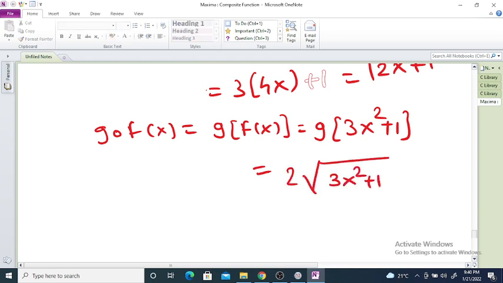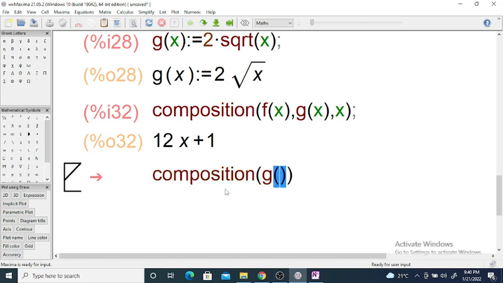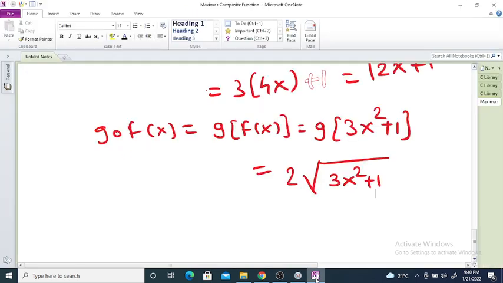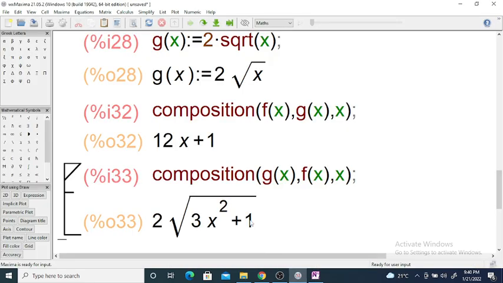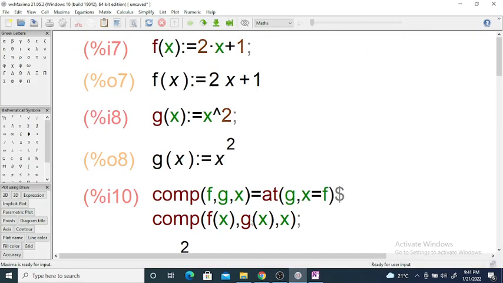So if we enter here composition, say g of x, f of x, in the variable x, then it is what? 2 times square root of thrice x square plus 1. You can see here, it is 2 times square root of thrice x square plus 1. So this is all about the composition function.